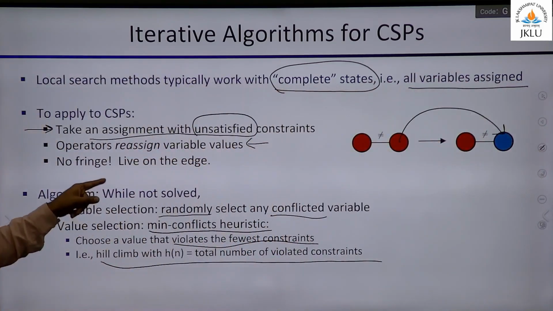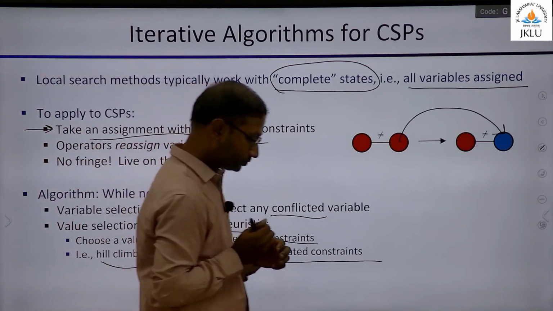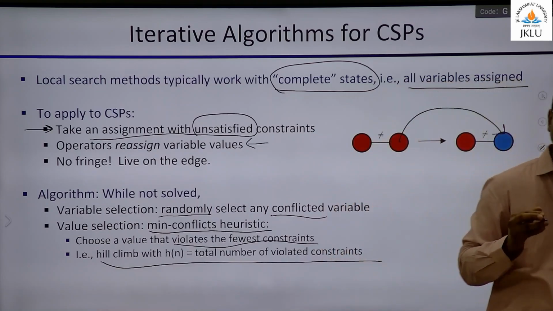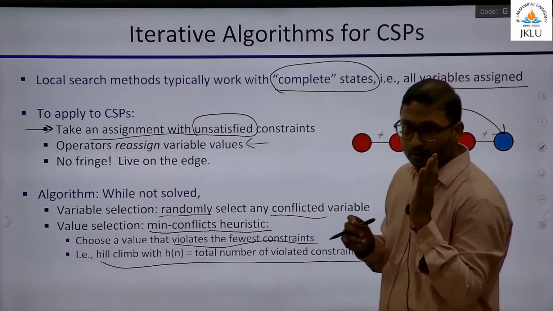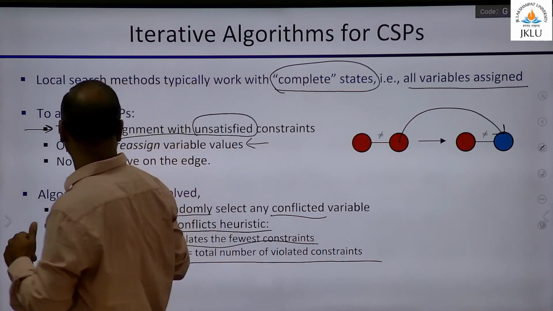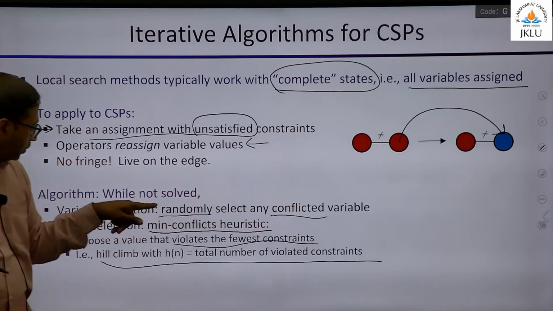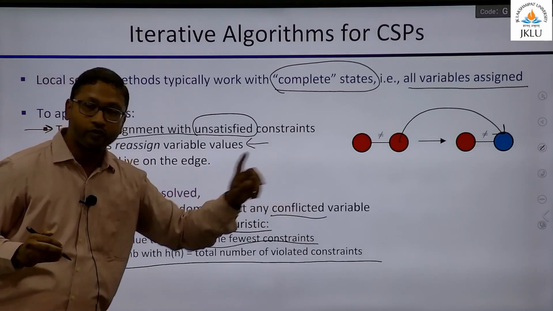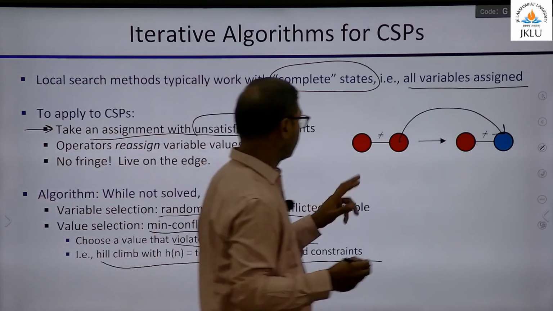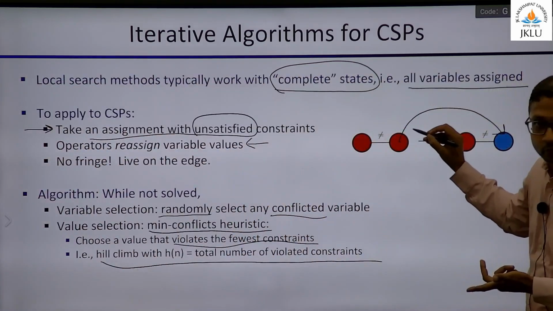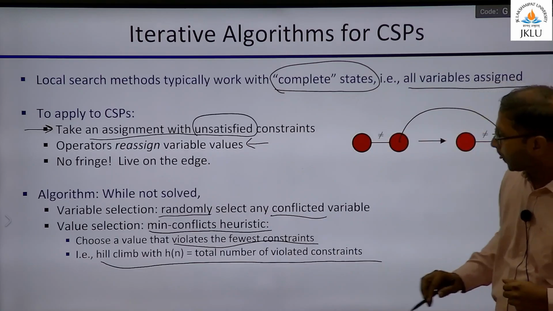What are you doing? While not solved. What does it mean, while not solved? While constraints are not satisfied, choose a variable randomly and randomly select any conflicted variable. In this case, both were conflicting, you could choose any of the two.